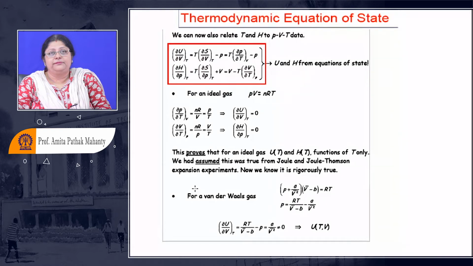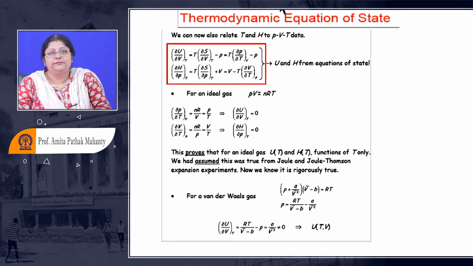If I plug in the equation and use Maxwell's relations to simplify in terms of temperature, pressure and volume, then we can compute the values using the ideal gas equation, PV equal to nRT, and we found the value to be 0. And for a van der Waals gas, we had said that it is not 0.